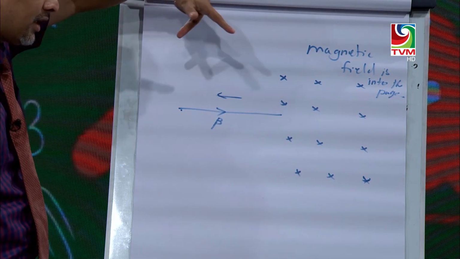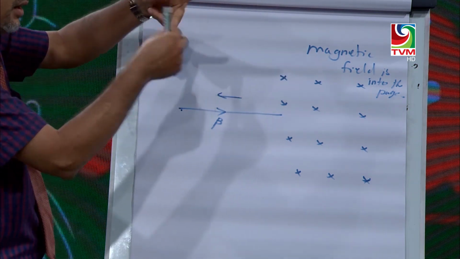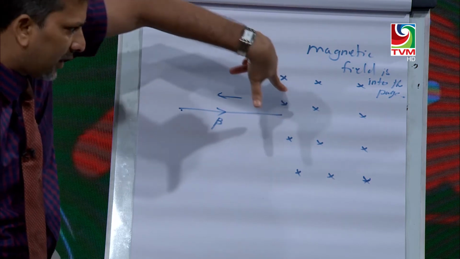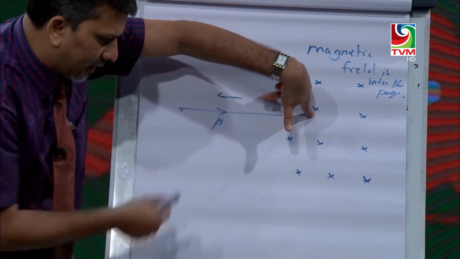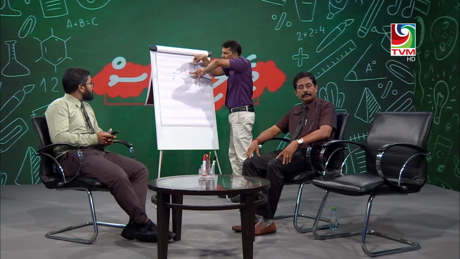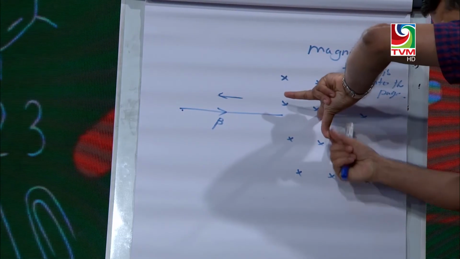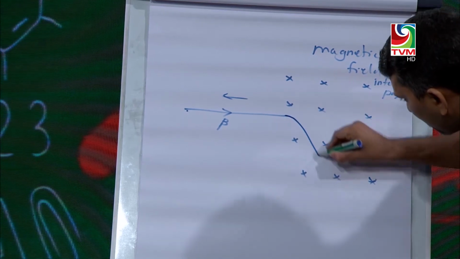The magnetic field is into the page, and the current is in this direction, opposite to the beta. The force is downward, so this will deflect in this direction.